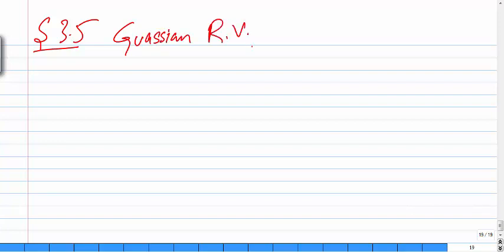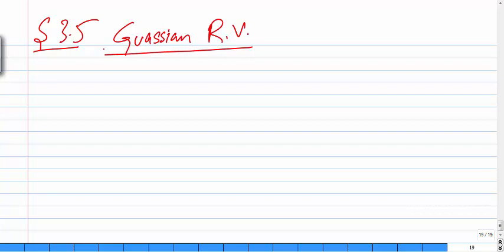Now the most important topic of this chapter is 3.5, and we use it a lot and it has a lot of applications. This is known as the Gaussian random variable.